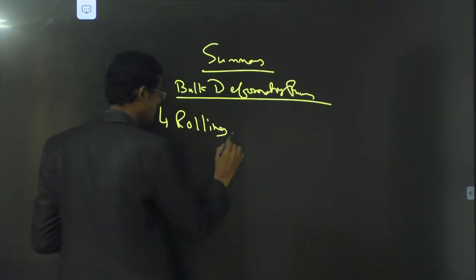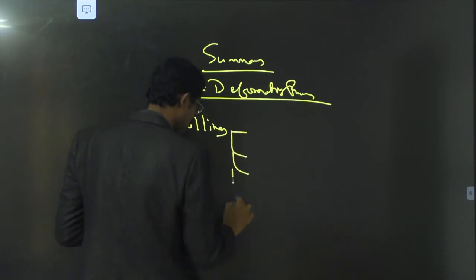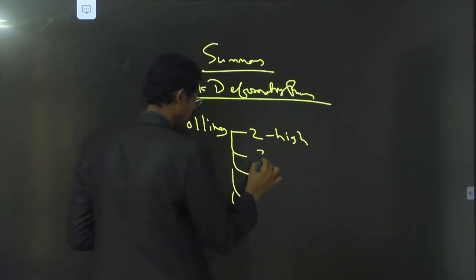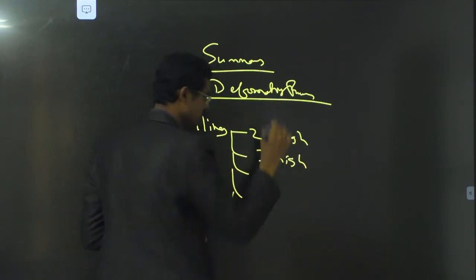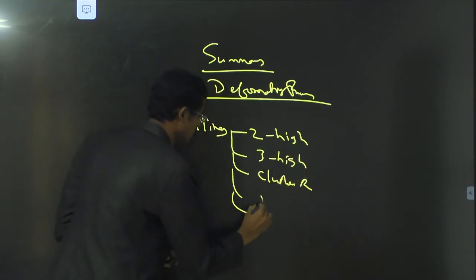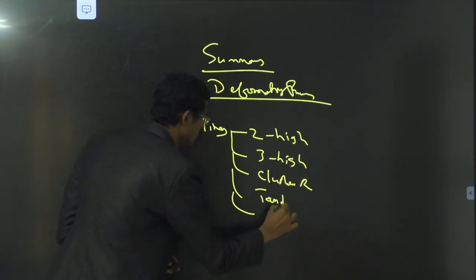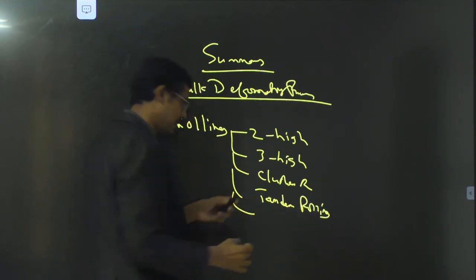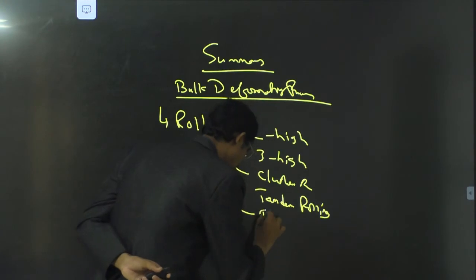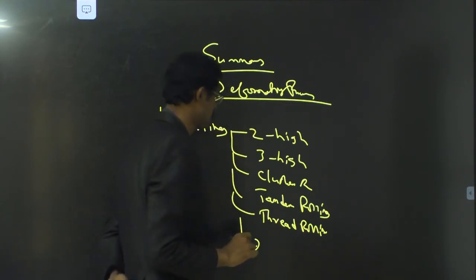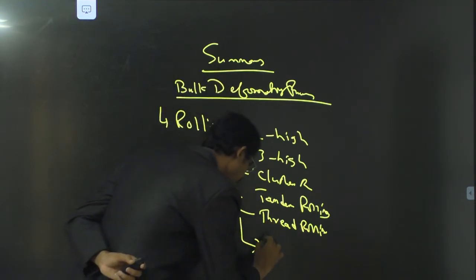In rolling we have seen various classifications: 2-high rolling, 3-high rolling, clustered rolling, tandem rolling, and then we have seen thread rolling, and also ring rolling.